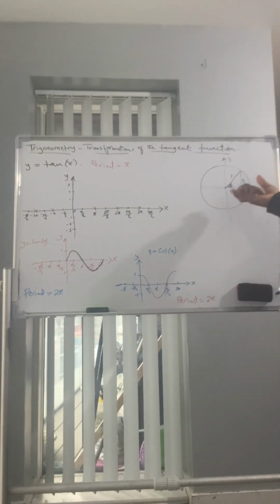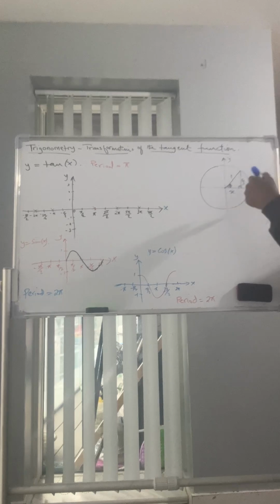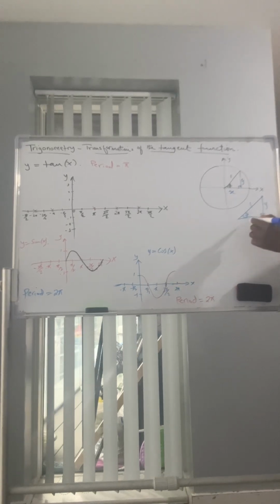So if we want to find the trigonometric identities of this triangle we have inside this circle, the hypotenuse we already said is 1. This is our angle, theta, and this is our y-axis, x-axis.